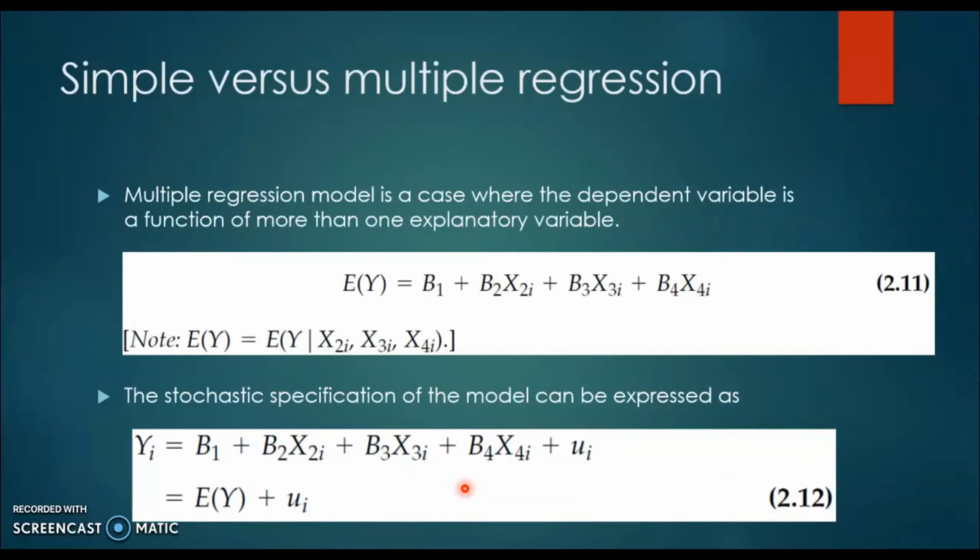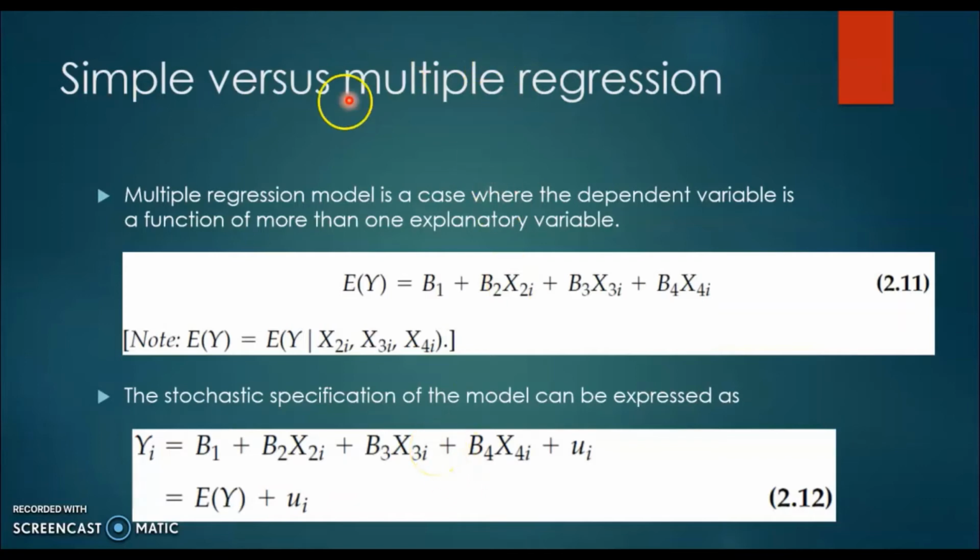Of course, the functional forms that we have discussed before this refer to the simple regression only. As I said before, in the simple regression model, we have only one independent variable.